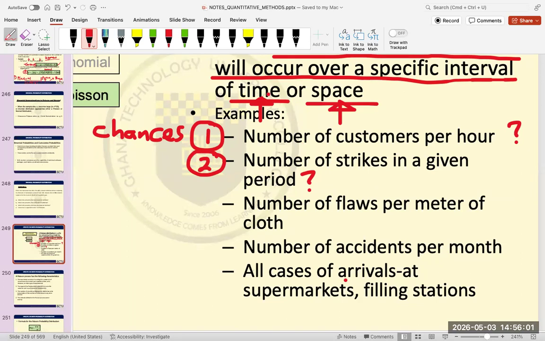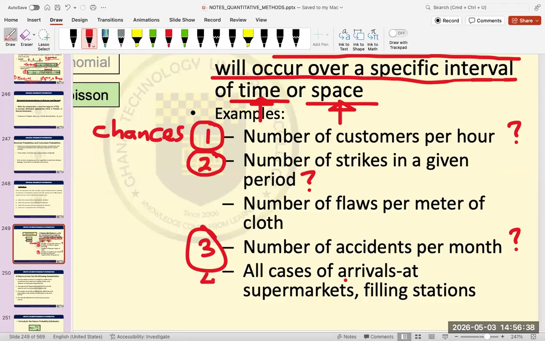It will either be within time or space, and not two possibilities. 3, the number of accidents per month. How do you know this? No, you cannot use binomial. It is Poisson, because Poisson deals with events that occur within time and space.